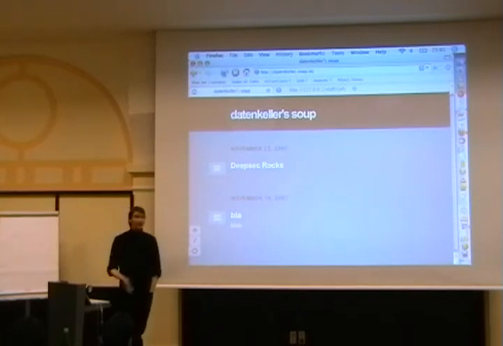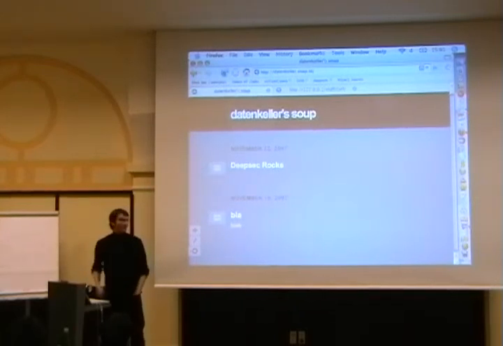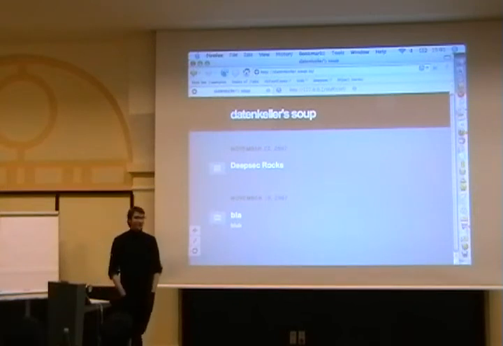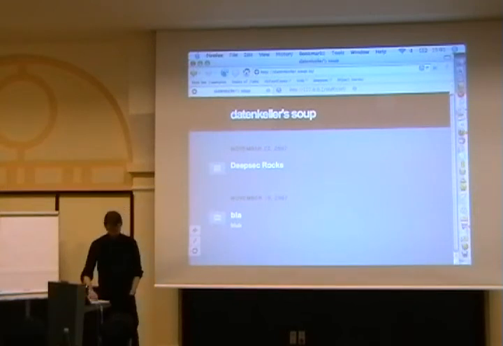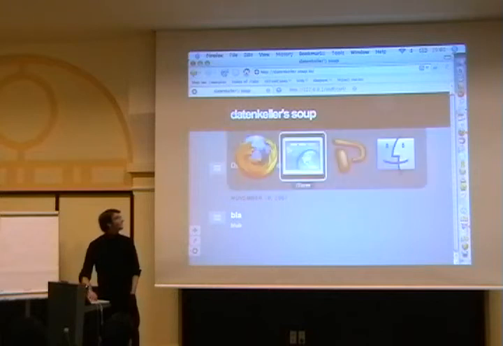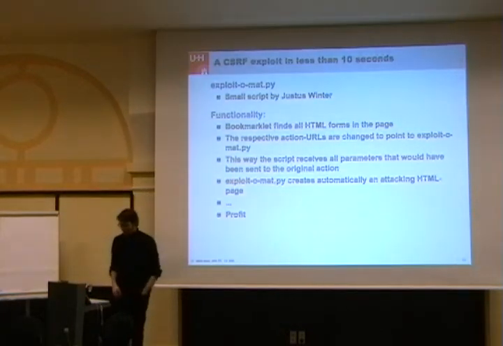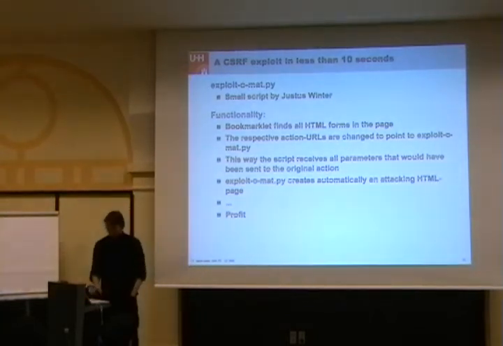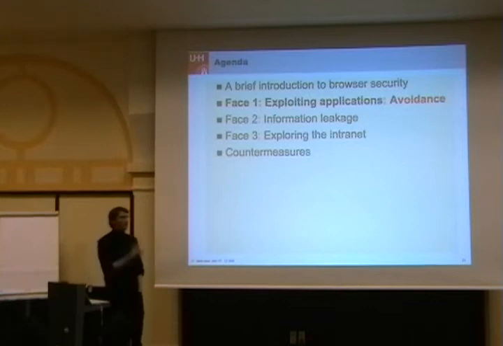I didn't do anything on Soup, so it was done by cross-site request forgery. I hope this was kind of clear. If not, come to me later. It's amazingly simple. Okay, and we can have a lot of profit this way. So, how do you avoid that?